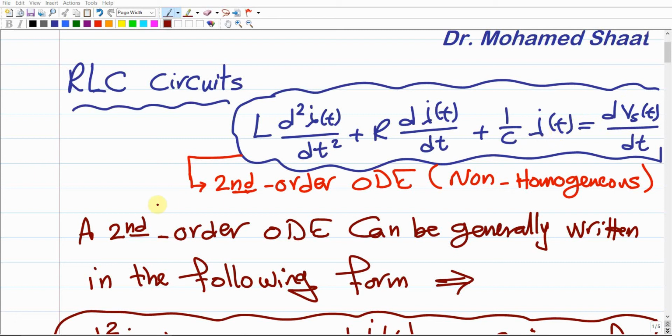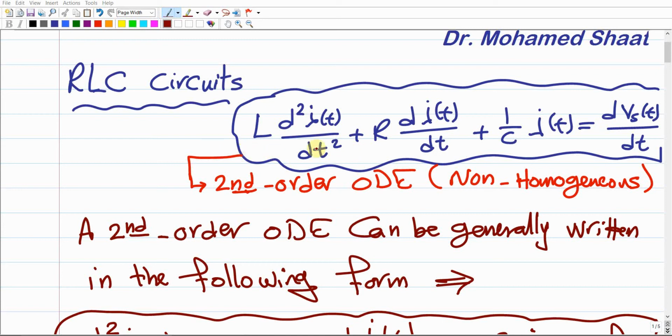This should be solved for the current. Here we have Vs, which is the voltage source, an AC or time dependent voltage. Generally speaking, if the current is given but the voltage is the unknown, this gives us a first order ODE, and we solve it as we did in the previous meeting.